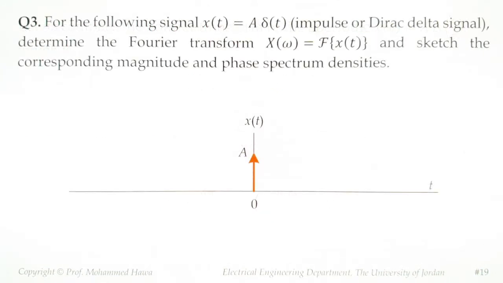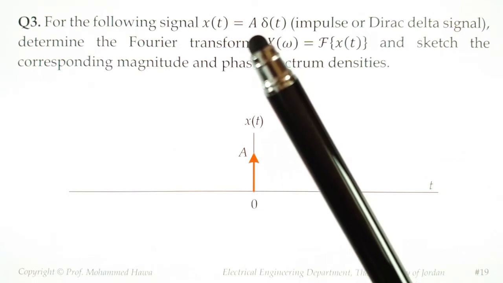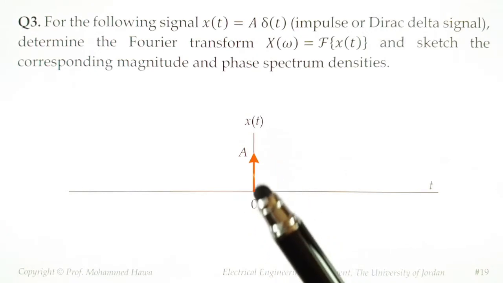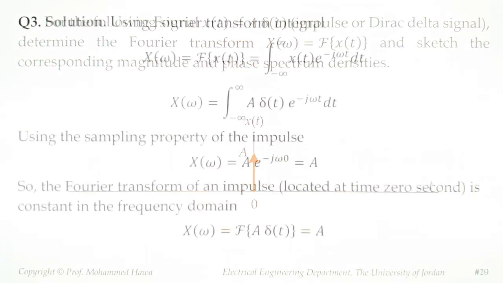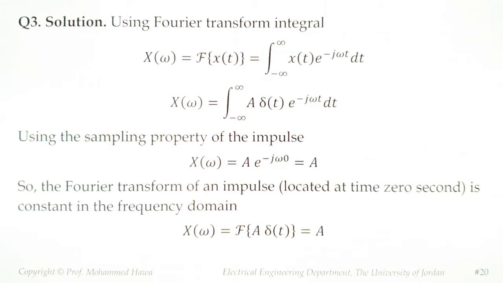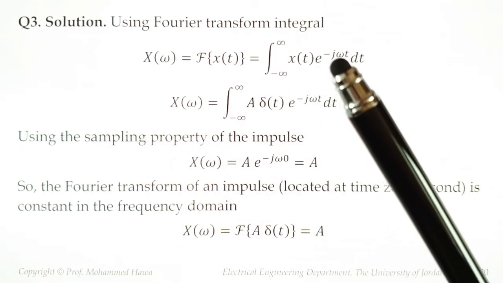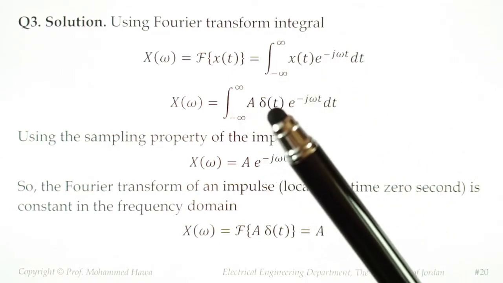Now let's move on to the third example. X of t equals a single impulse or Dirac delta signal, a delta of t. This impulse is located at time equal 0 seconds, and the area under the impulse is equal to a. What is the Fourier transform of this single impulse? We'll use the Fourier transform integral: the integral from minus infinity to infinity of x of t e to the minus j omega t dt, and substitute here a delta of t.